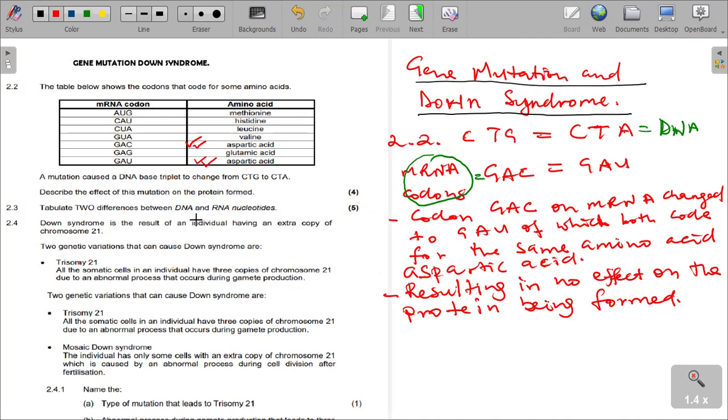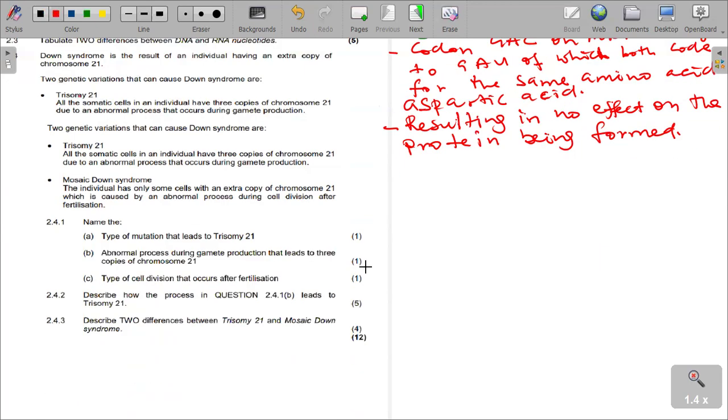When we say tabulate, I'm sure you understand that you are supposed to draw a table, where we can say DNA and RNA, and then give their differences.